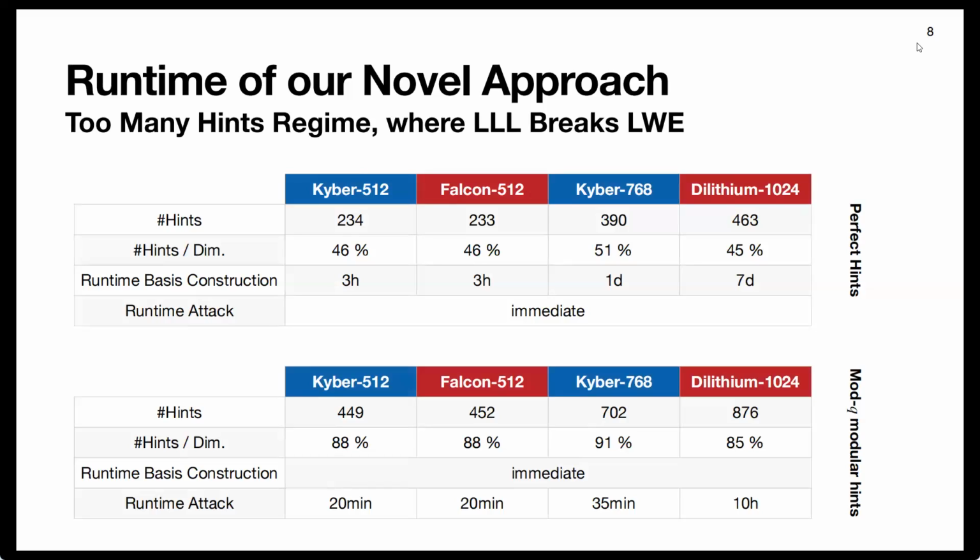And for the modular hint setting, it really doesn't matter. The distribution of the hints doesn't matter. Regardless of what hints you have, you will always get these results. But in the perfect hint setting, it depends on the distribution. If they have coefficients from an even larger set, then you will need even fewer hints than that. But if they come from a very sparse set, then you will need more hints.